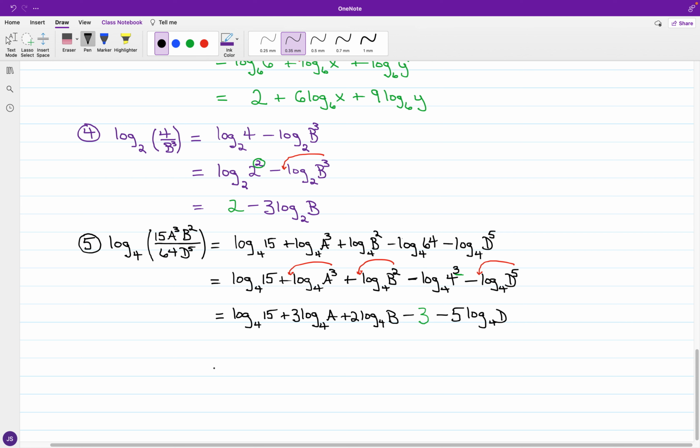And I tell you what, just looking at properties of logarithms, let's go back to the change of base formula.